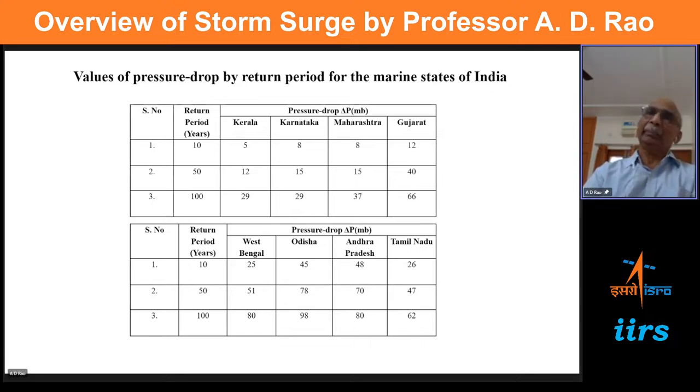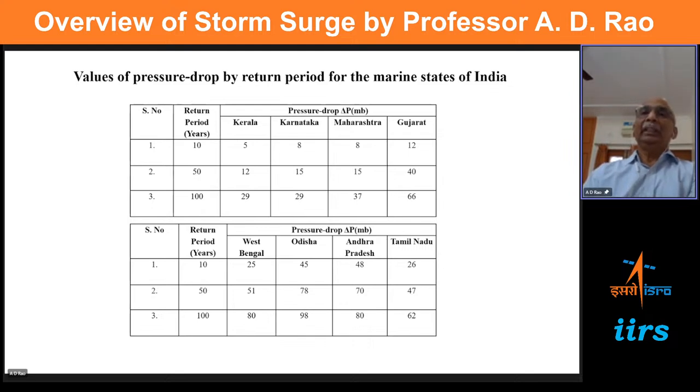That gives the return period. Similarly, in 50 years, what intensity of cyclones cross that particular region. Similarly, 100 years. This gives an understanding of what kind of cyclones to expect in a 100 year period.